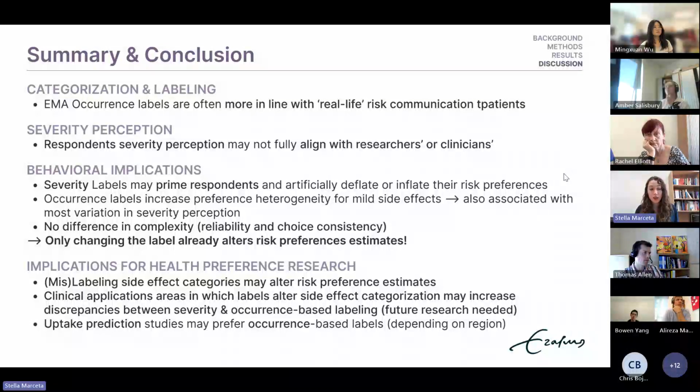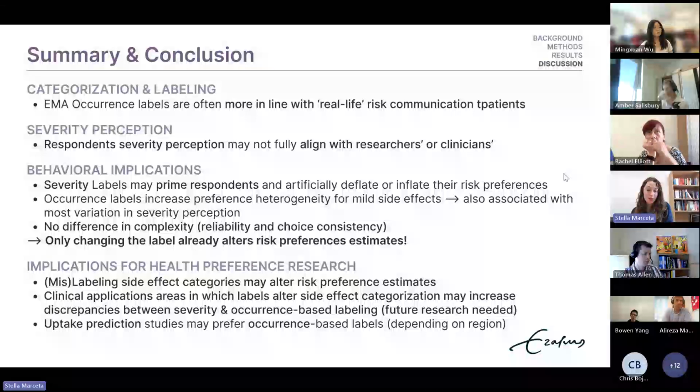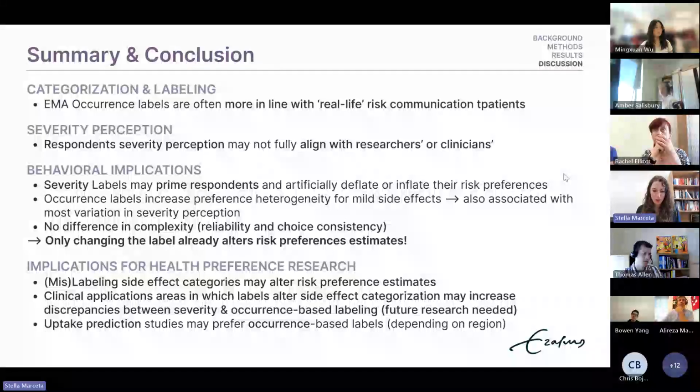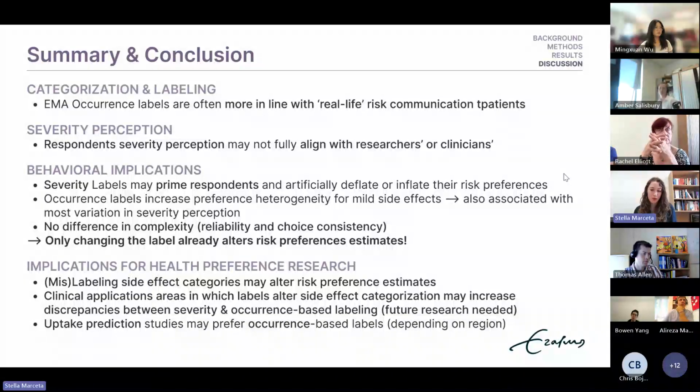Second, as I just showed you, respondent severity perceptions may not fully align with those of researchers or clinicians, so there might be some discordance if they rely on these labels. And the results did seem to suggest that severity labels may prime respondents and artificially deflate or inflate their risk preferences depending on the type of severity, while occurrence labels might increase the preference heterogeneity a little bit, which was for mild side effects.